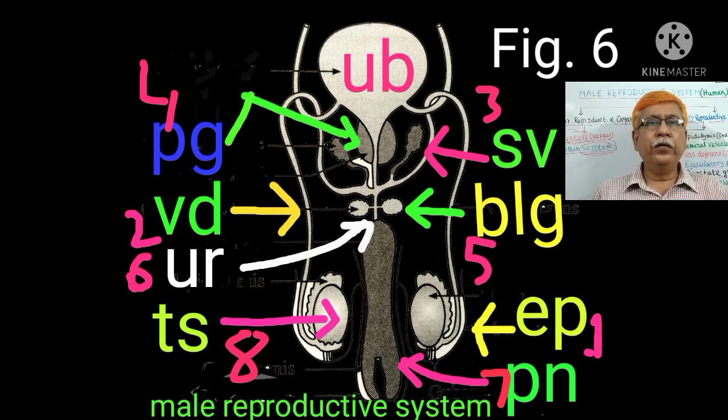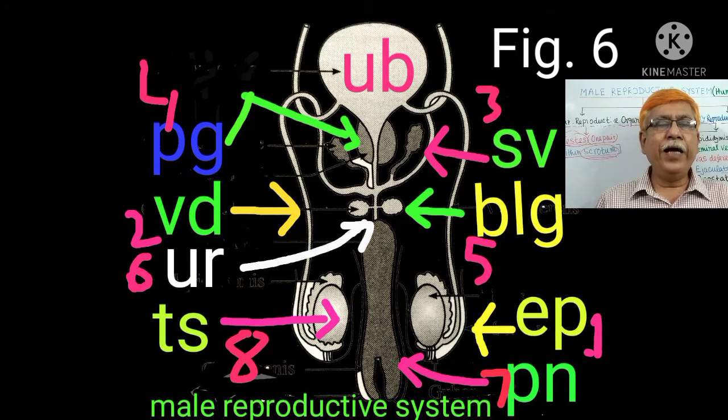Look at figure 6.1. 1, epididymis; 2, vas deferens; 3, seminal vesicle; 4, prostate gland; 5, bulbourethral gland or Cowper's gland; 6, urethra; 7, penis; and 8, primary sex organ or testis.